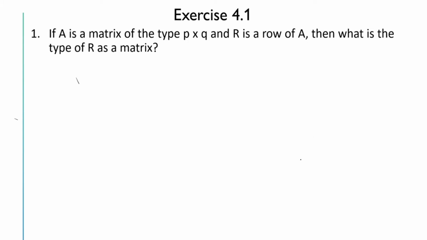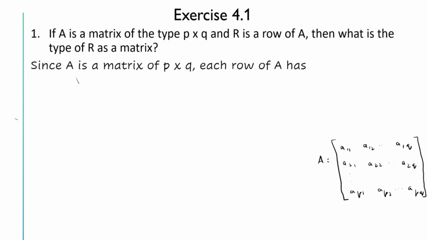So in general we can write A is equal to A11, A12 up to A1Q, A21, A22 up to A2Q, up to AP1, AP2 up to APQ. So this is the general form in which matrix A can be represented.